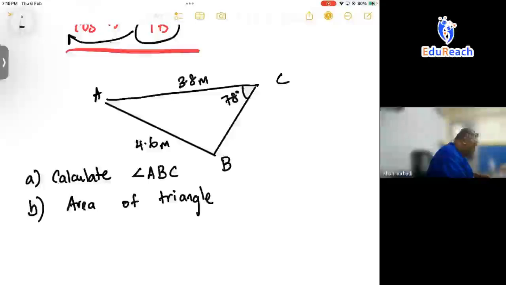Then 360 minus 295 will be 65. 295, 360 minus 295, 65. After 65, then we can find this one.